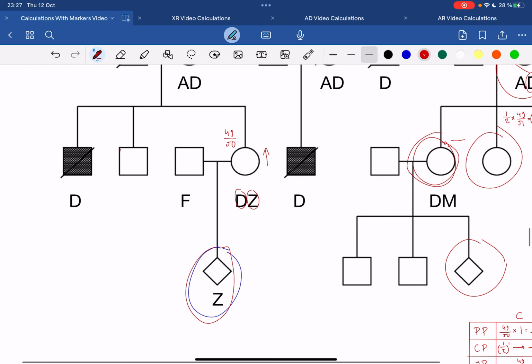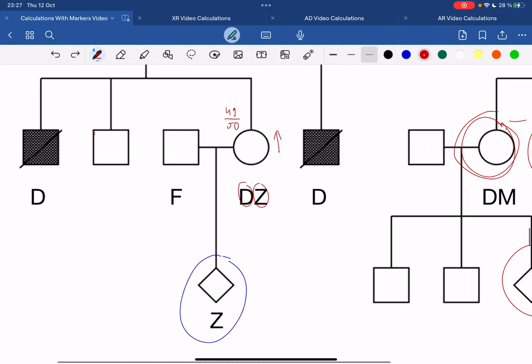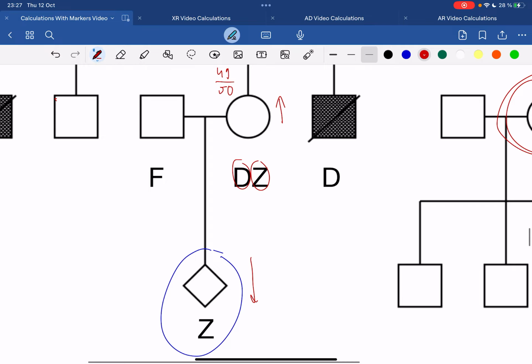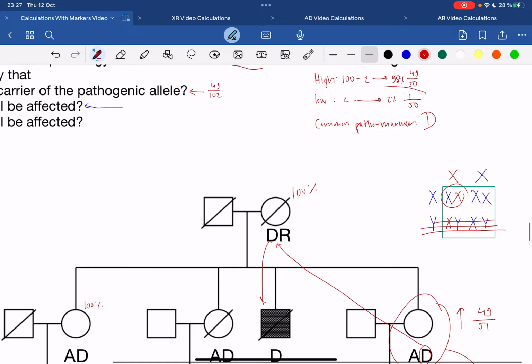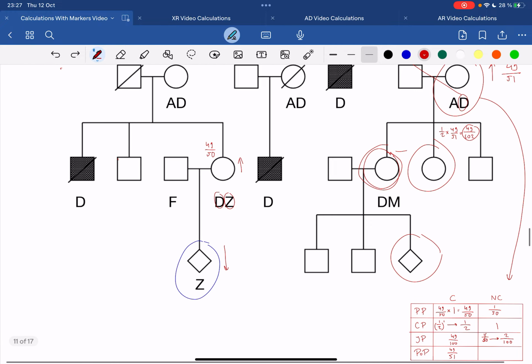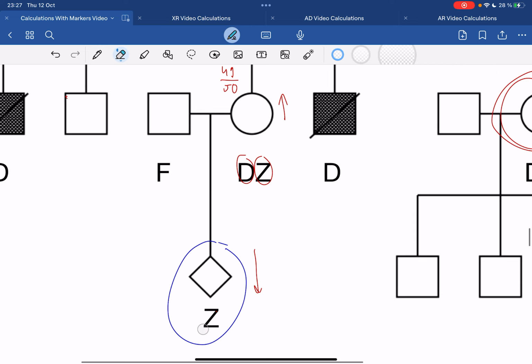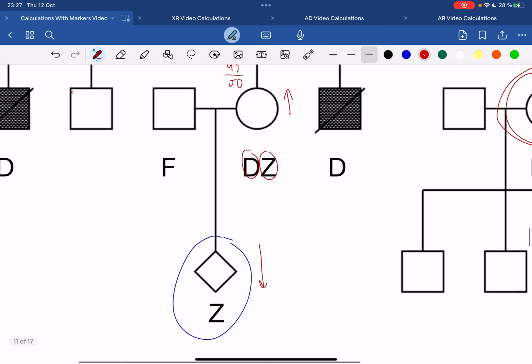Now this child right here has gotten this Z from their mom. That means that this person has a low chance to be affected. So we go according to the low chance right here, which is 1/50th. Why? Because this Z could still be a D undercover if there was some crossing over happening.